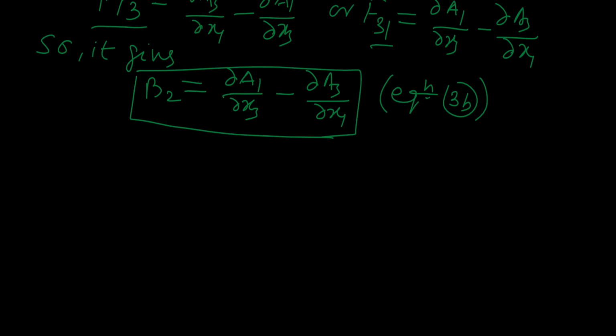In a similar manner we can check that the equation which defines the electromagnetic field tensor F mu nu, that is equation 4, correctly represents the equations for the remaining components of the electric field vector E and magnetic field vector B.